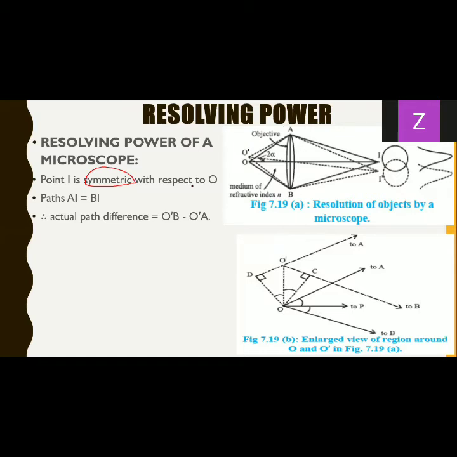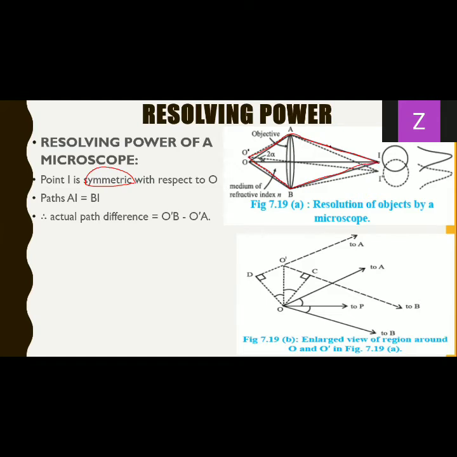Once again, just to clarify, from O dash to I, how was the path? O dash A and then A to I. This was one path. Another path was O dash to B and then B to I. This was another path.